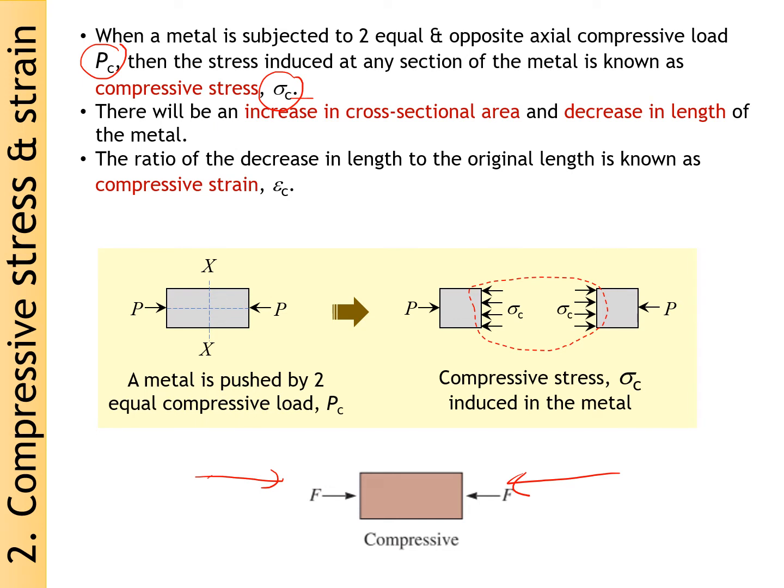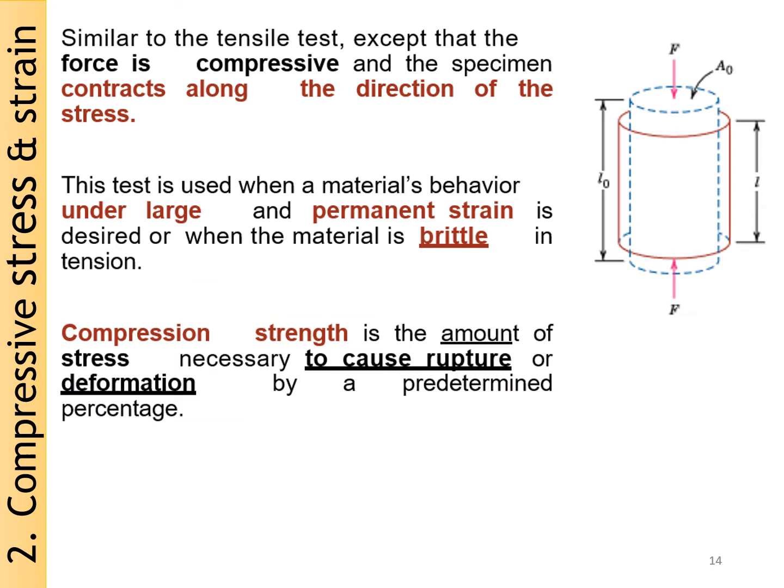There will be an increase in the cross-sectional area or a decrease in the length of the metal, and this ratio is known as the compressive strain. So it is similar to the tensile test, except that the force is compressive. We can see from this diagram that the specimen contracts along the direction of the stress.